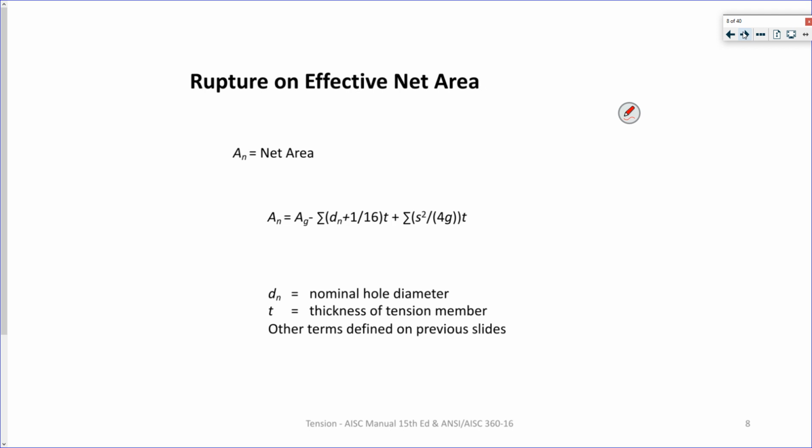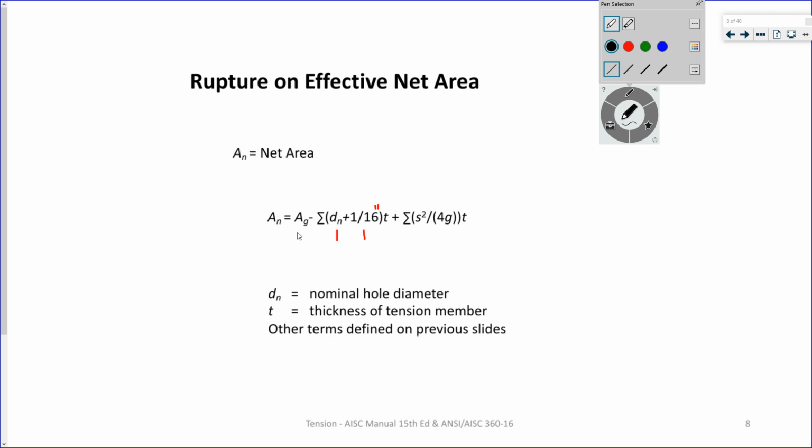When I'm calculating my effective net area, I take my gross area, AG, and I subtract my nominal bolt diameter plus that 1/16 of an inch times the thickness, right? Here's my bolt hole.